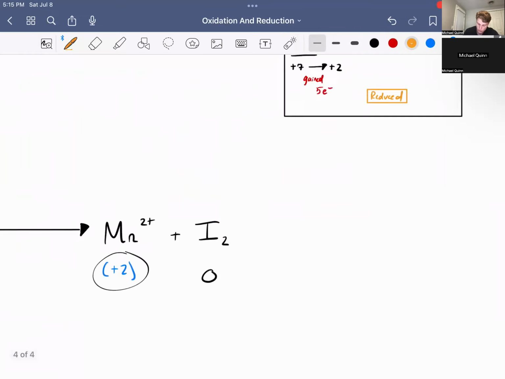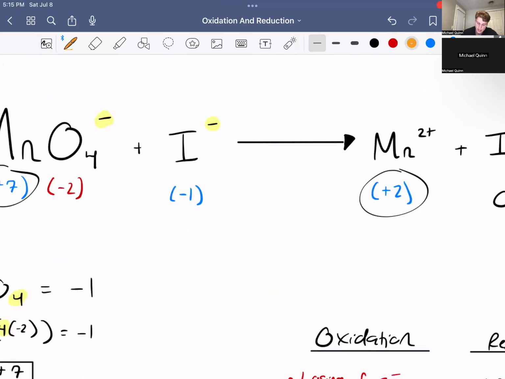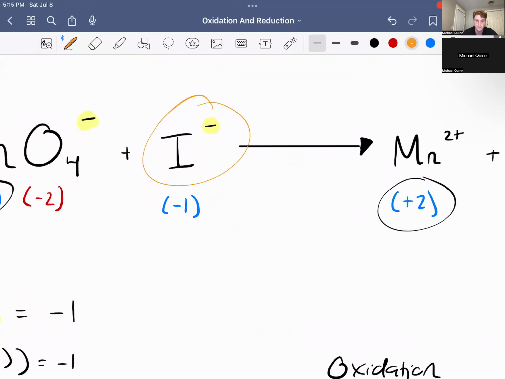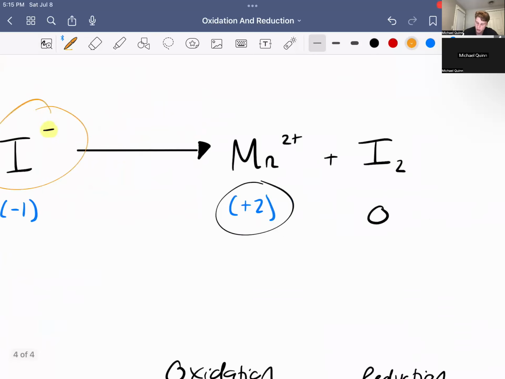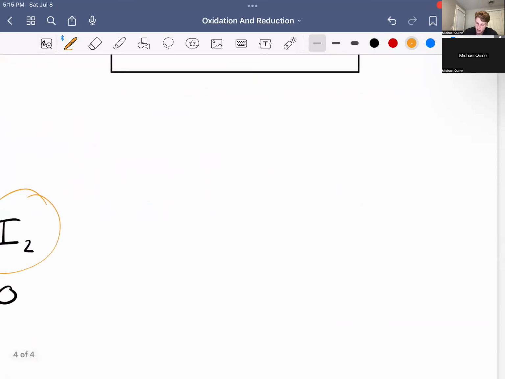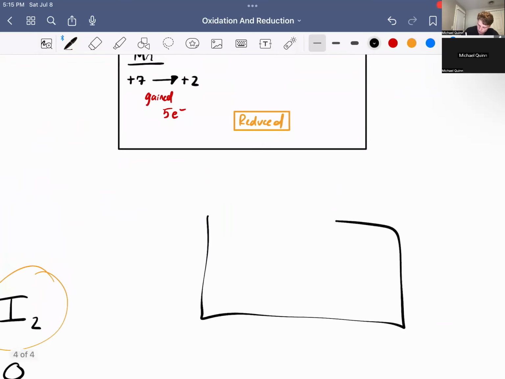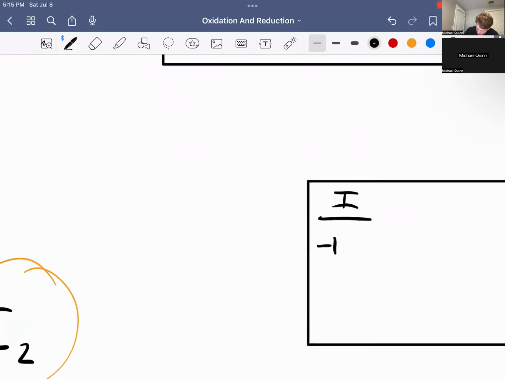Now, let's continue to look at a reaction to see which species gets oxidized. Well, we see iodine go from a -1 oxidation state to iodine over here go to a 0 oxidation state. So for I, we see it go from -1 to 0.